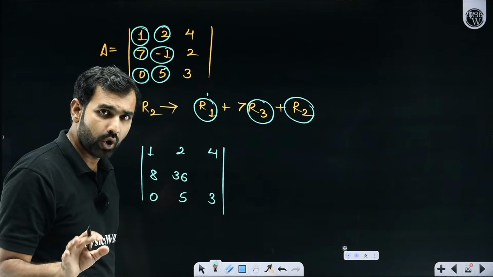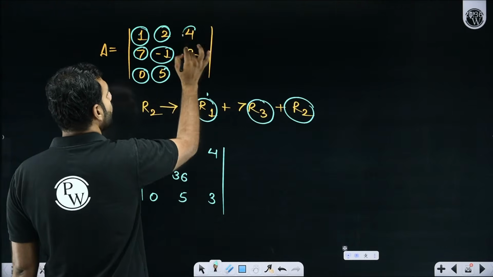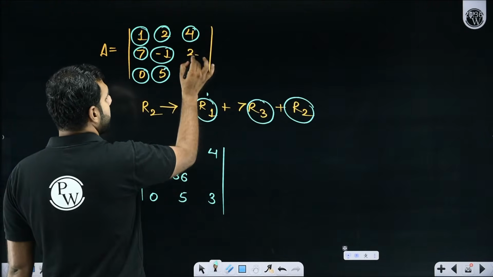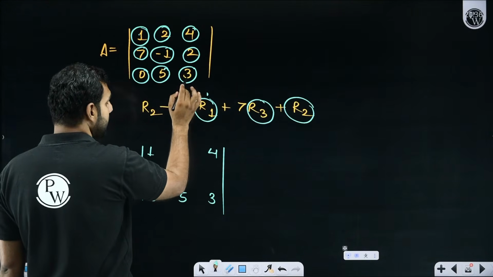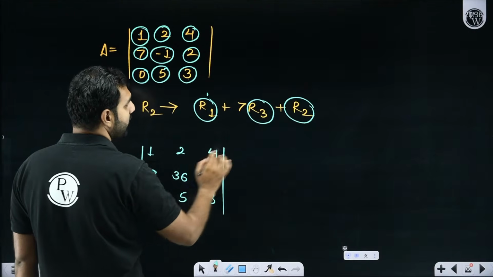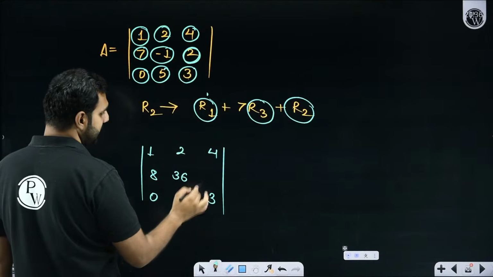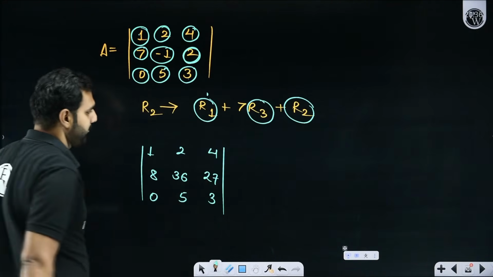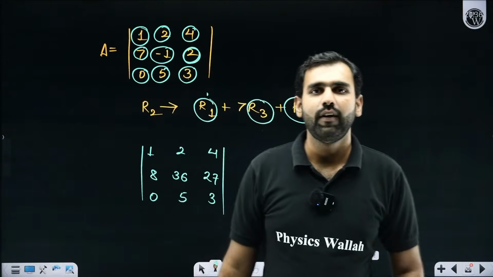Everybody with me so far, all the participants? Then the next one. In column 3, it will be row 1, which is 4, plus 7 times row 3. I'm really sorry, 7 times 3 is 21, plus 4 is 25, plus row 2, that is 27. Now, some of you must be wondering, why did we do this?